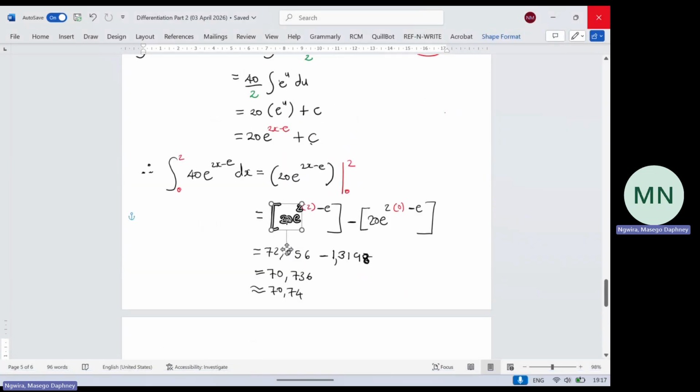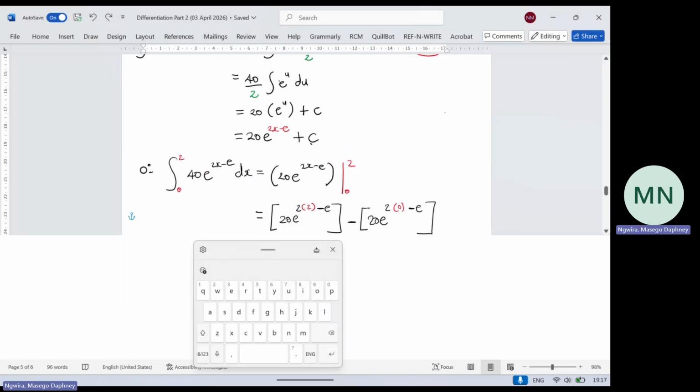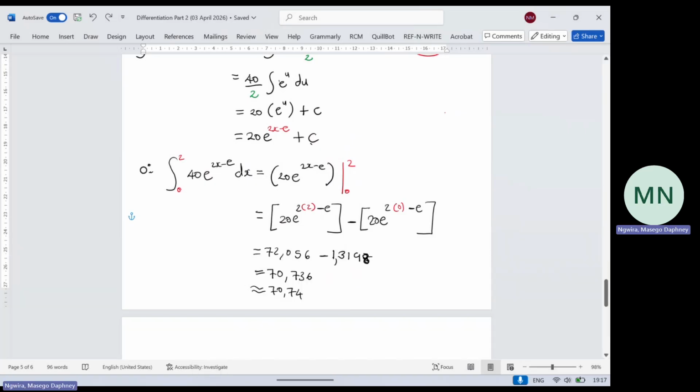The 20 is supposed to be outside, not here. I distributed the 20. I was wrong. So it's supposed to be here.